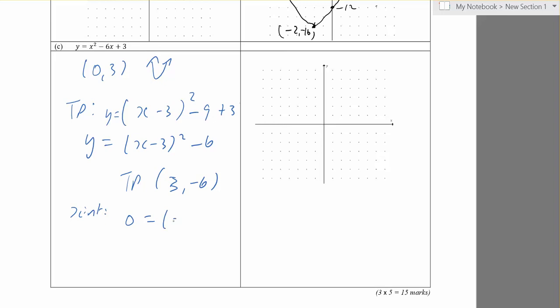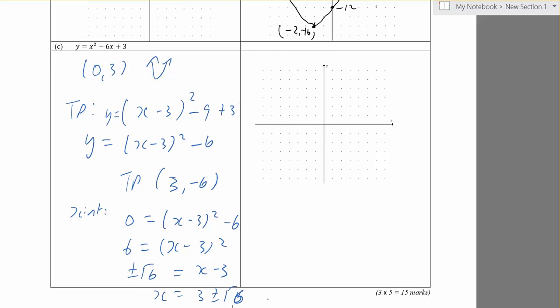Okay, to get the x-intercepts, all I need to do is let that equal 0. So 0 equals x minus 3 squared minus 6. Move the 6 to the other side. x minus 3 squared equals 6. Square root both sides. Add 3 to both sides. So 3 plus or minus root 6 would be my x-intercepts.